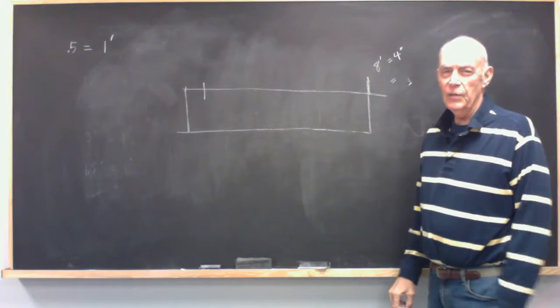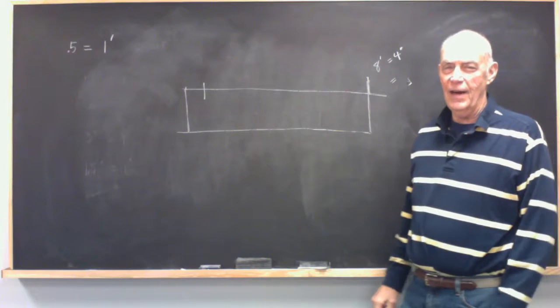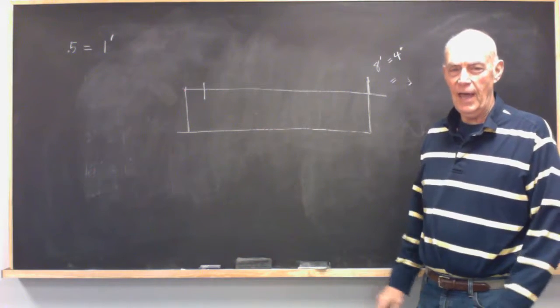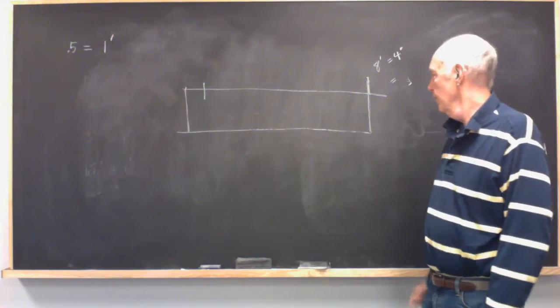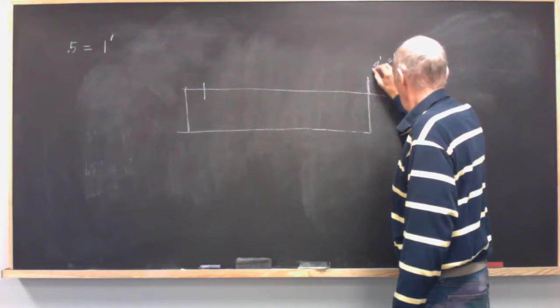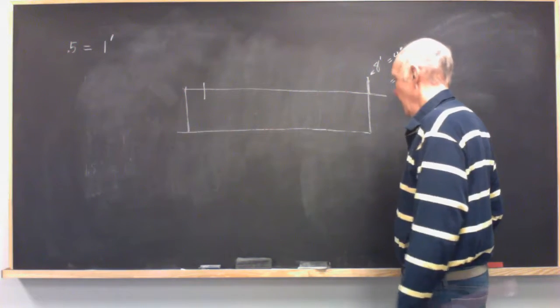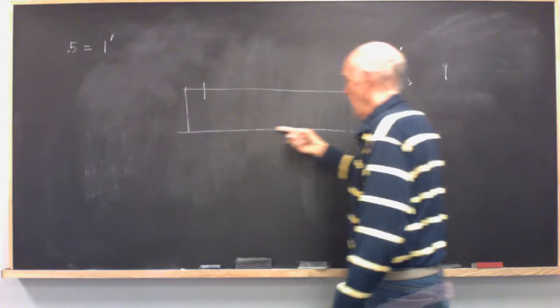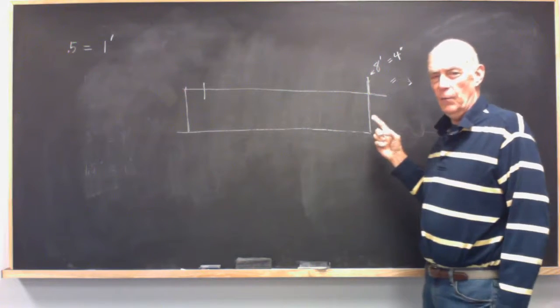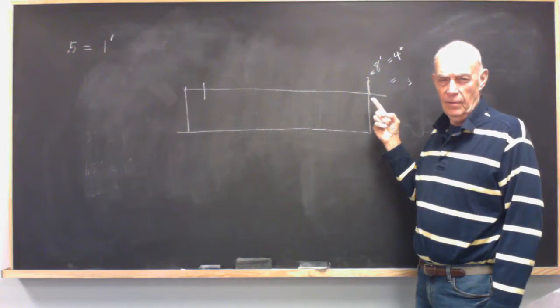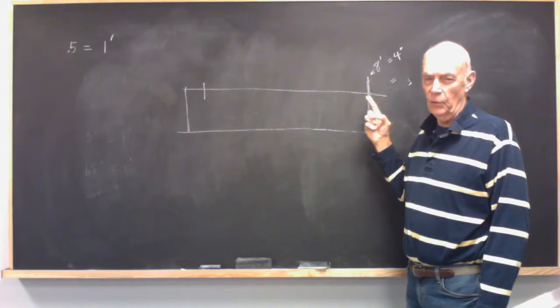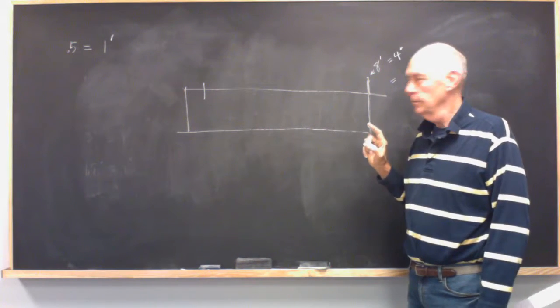The reason you use a 1/2 inch is because it's easy to divide by 2. You just cut it in half and just add inches. So this is an 8-foot wall. I am away from that wall where a 12-inch ruler would look like it's only a 1/2 inch.